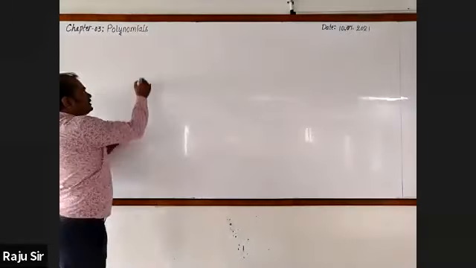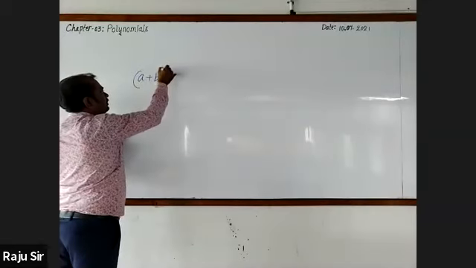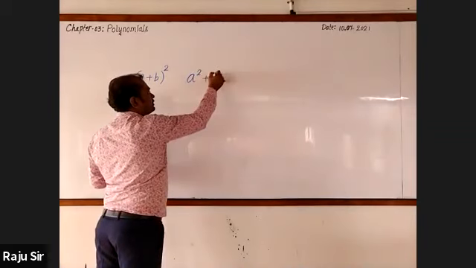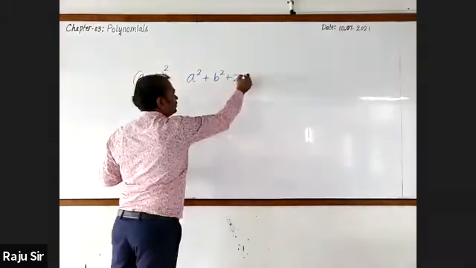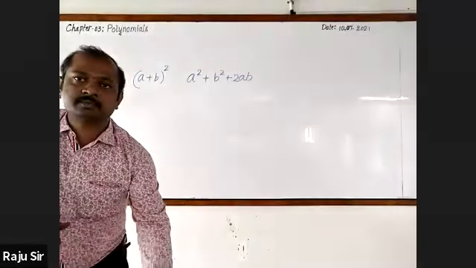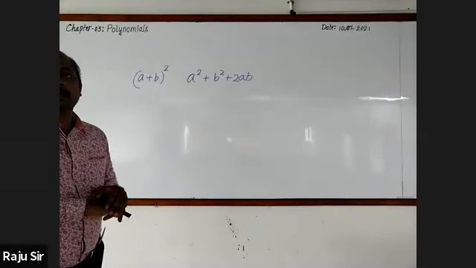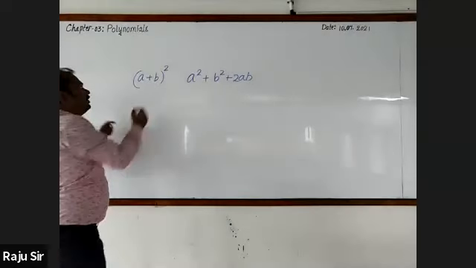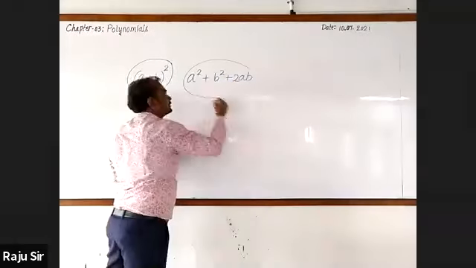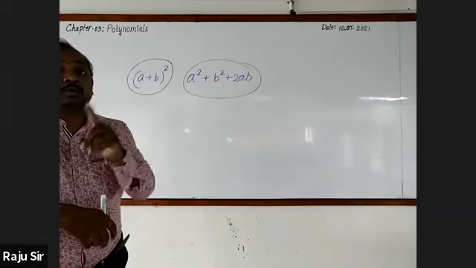The statement is (A plus B) whole square, which is equal to A square plus B square plus 2AB. This can also be written as A square plus 2AB plus B square. Both are one and the same. Look here, we have one expression, and here is the second expression. What do you call the equality of two algebraic expressions?